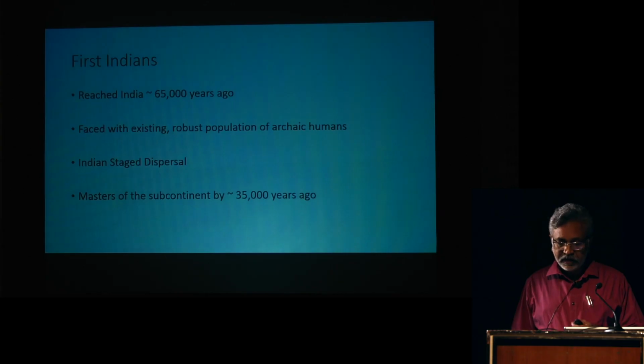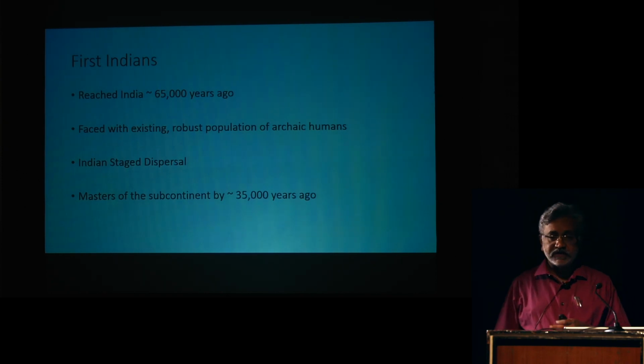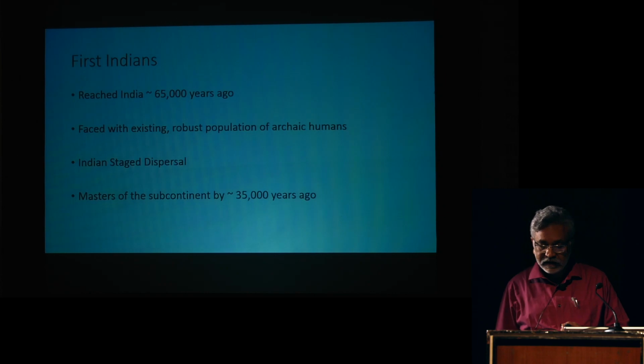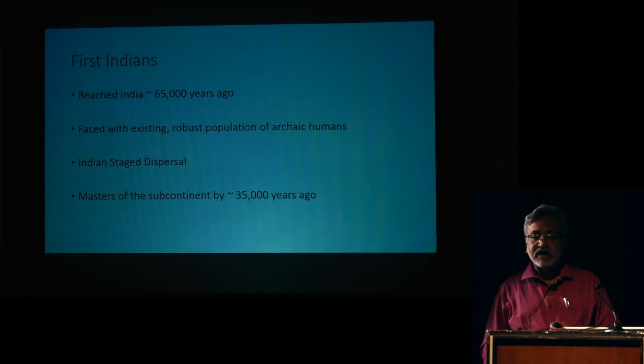We will be using findings from 6 fields: history, archaeology, genetics, linguistics, philology, and epigraphy, which is the study of old scripts and seals and so on, to arrive at the conclusions that we are arriving at. And it is this interdisciplinary approach that gives us real insight into what happened in the past.